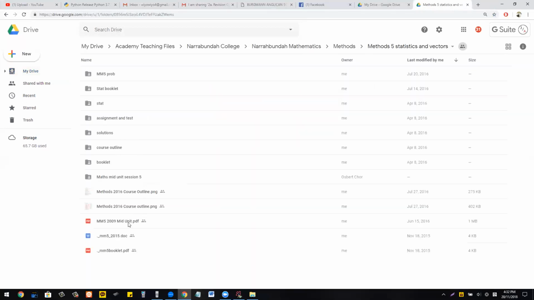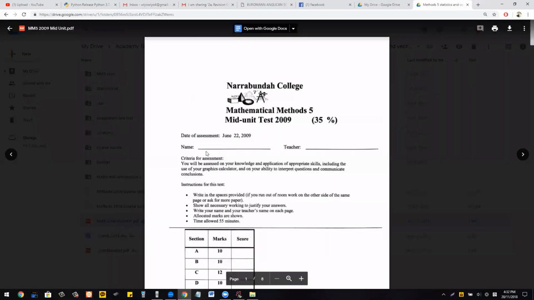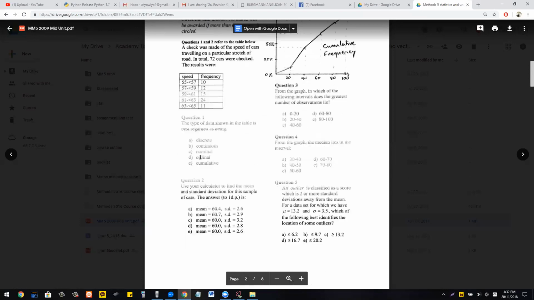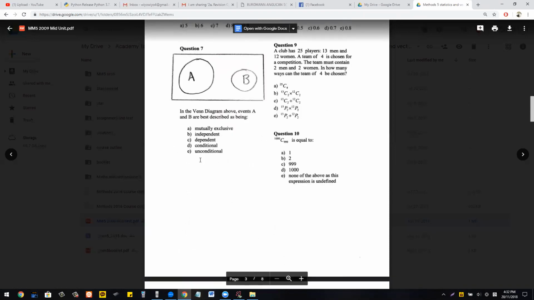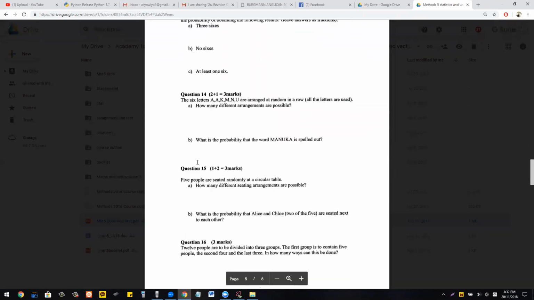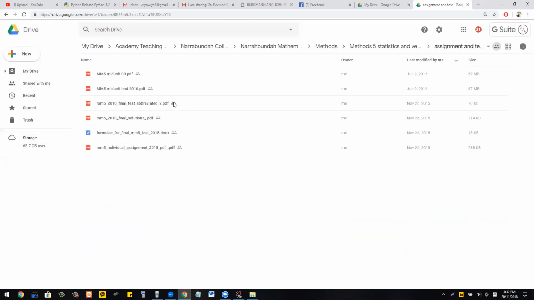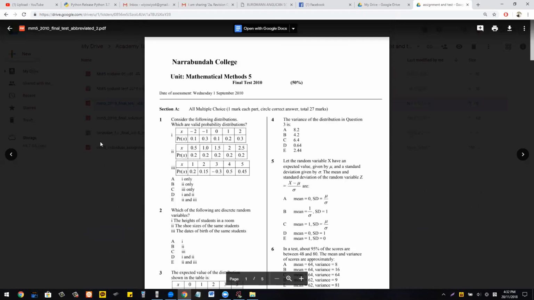Okay, so there is this mid-unit test, which is, I think, about... so it's not really this stuff. There is another test, which is the final abbreviated. Yeah, this stuff here.